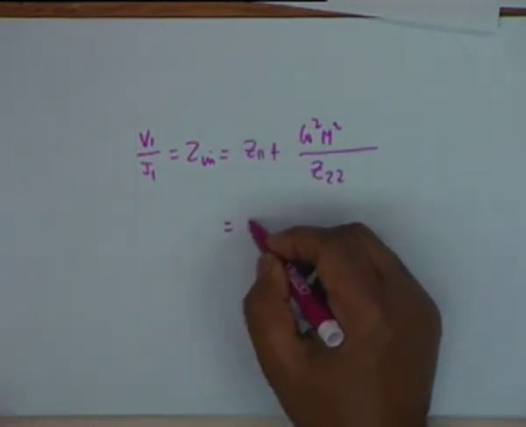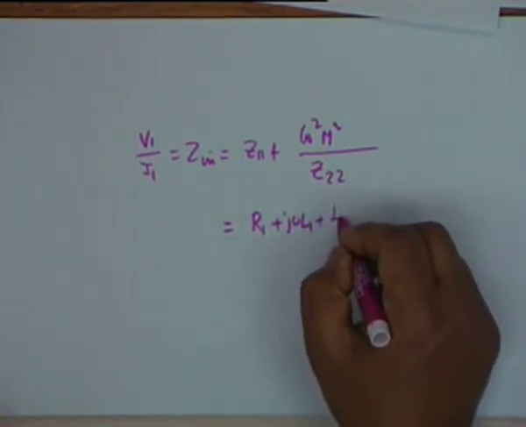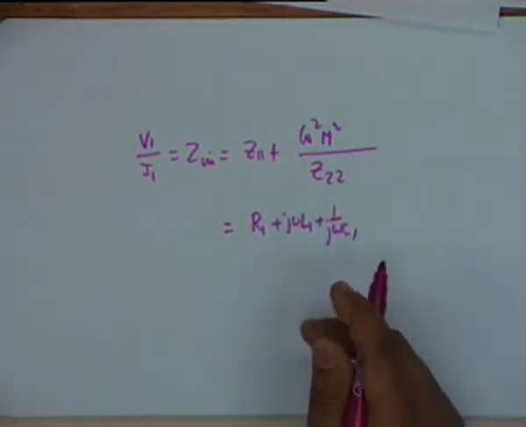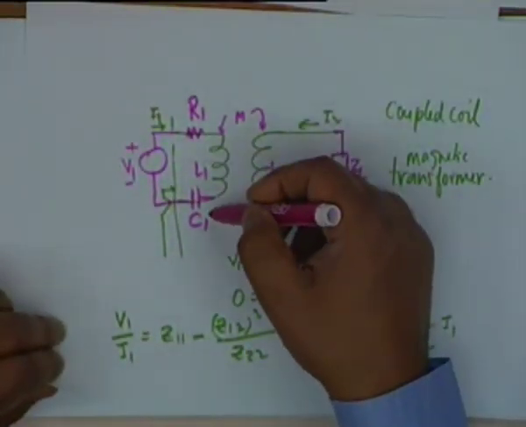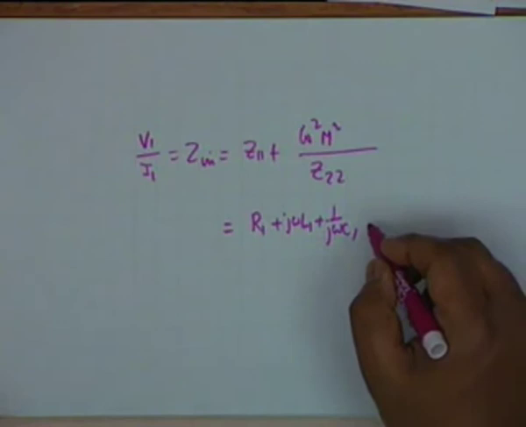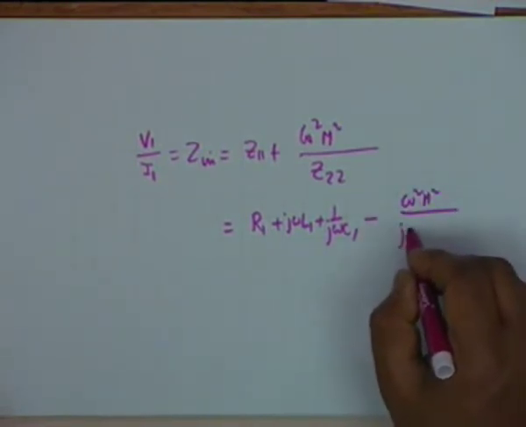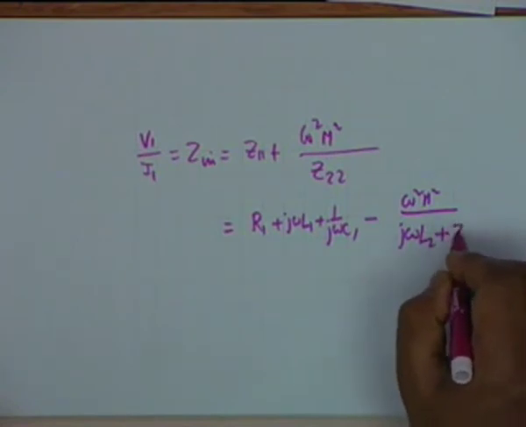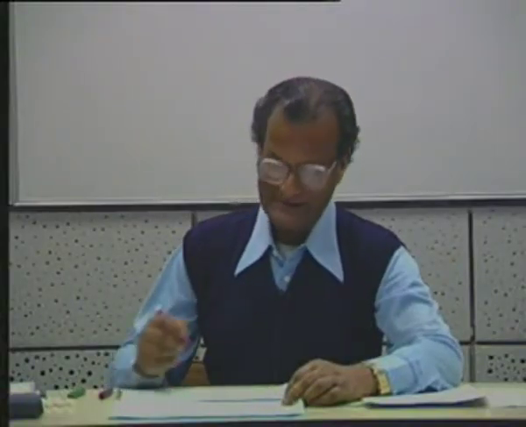Whatever is included here, for example, I had included R1 plus j omega L1 plus 1 over j omega C1. You recall we had a resistance, inductance and a capacitance. So, this is Z11 minus omega squared M squared divided by j omega L2 plus ZL. Pardon me? It is plus. Thank you so much.